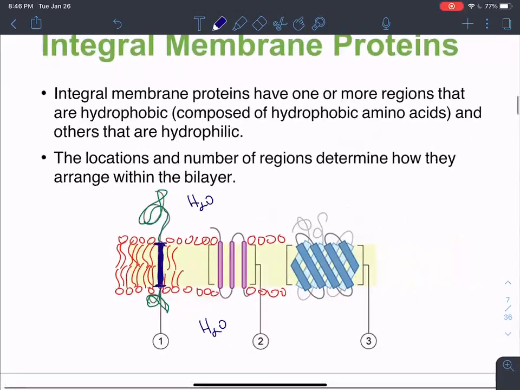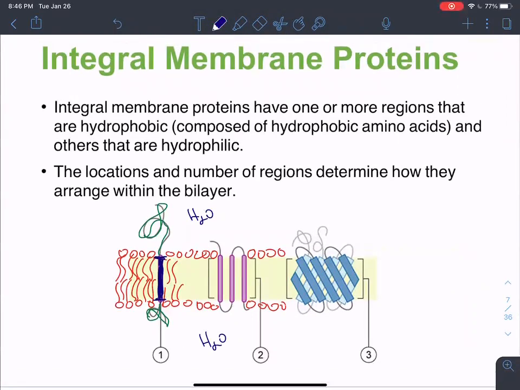So this is a hugely important concept for you to get: proteins are made of amino acids. Some amino acids are hydrophobic. Some amino acids are hydrophilic. The ones that are hydrophobic will make up the part of the protein that lies inside the membrane, because that's where the hydrophobic tails of the phospholipid bilayer are.